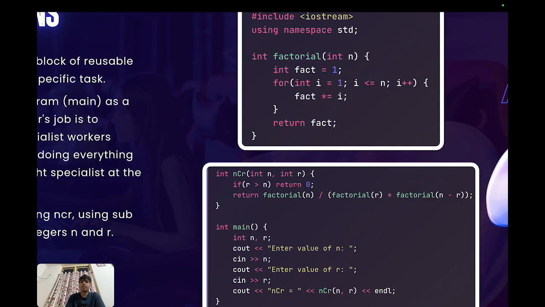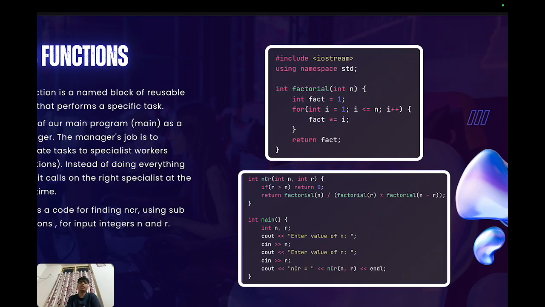Also there are some rules that we are going to use. First of all, in the NCR subfunction, notice how we are using another subfunction. We are allowed to do that, but notice one thing: the compiler of C++ does the processing line by line.